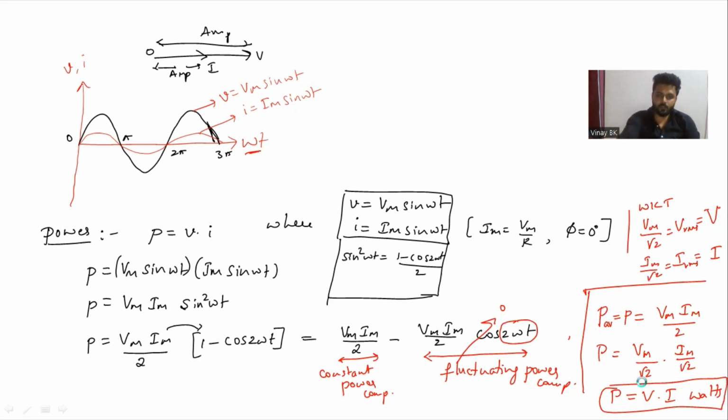So now you need to draw the waveforms for power, voltage and current. I will consider them with respect to omega t. On the y-axis, it has voltage, current and power, that is V, I, P. Now I will draw the voltage waveform.